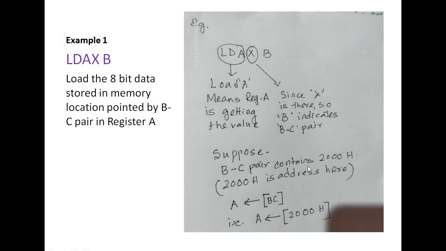Understood? So here 2000H is not given directly in the instruction. It is given in the register pair, and that register pair is mentioned in the instruction. And that is why you are giving the address not directly but indirectly. Hence the name is indirect addressing mode. So what is this LDAX instruction doing?